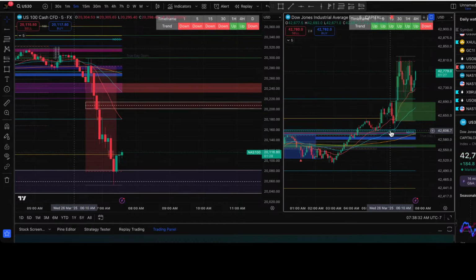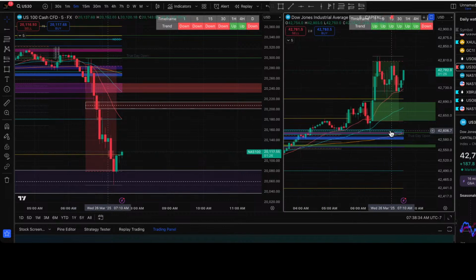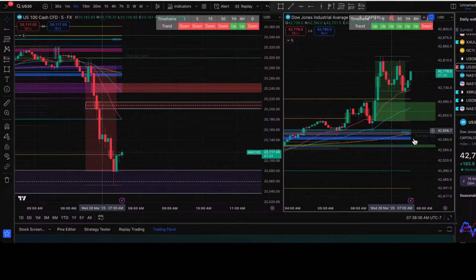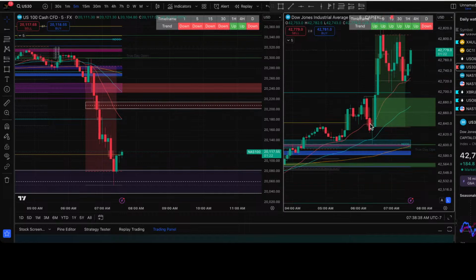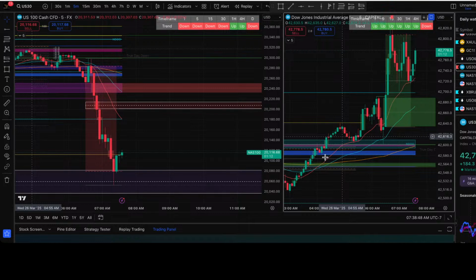And with US 30, let's see where we manipulated first. Sometimes it's hard to see. So there's the top of the manipulation zone, and there's the bottom of the manipulation zone, that green line right inside the blue zone.